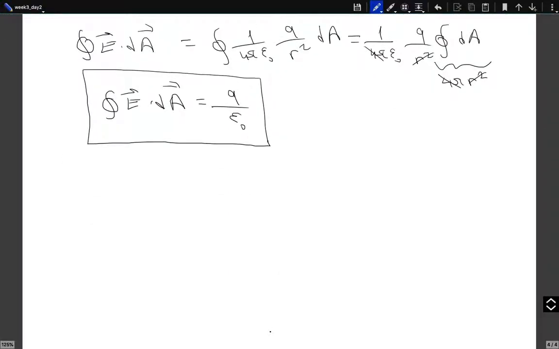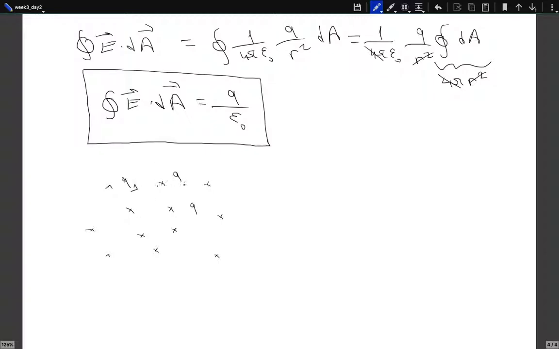Now, if you have a more complicated charge distribution, some of them are plus Q charges, some of them minus 2Q. Well, let's just put them arbitrarily.